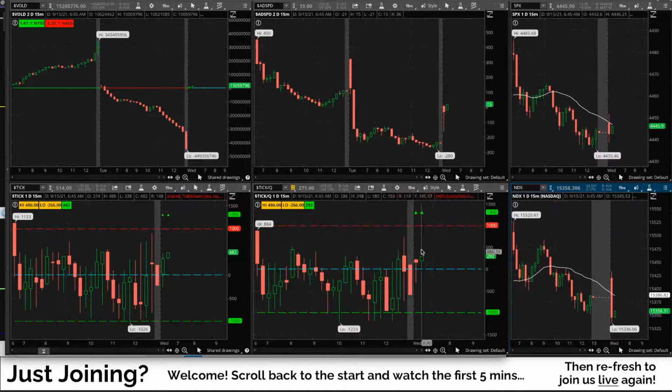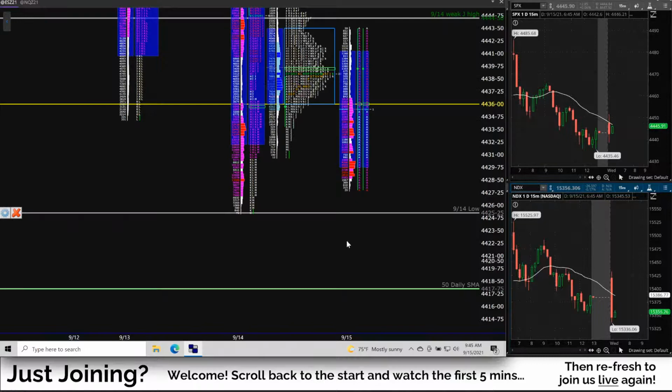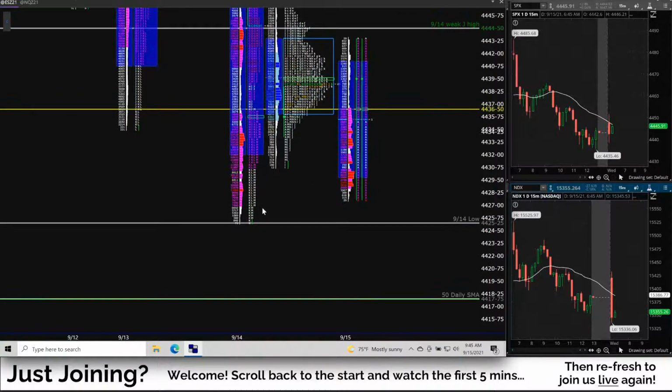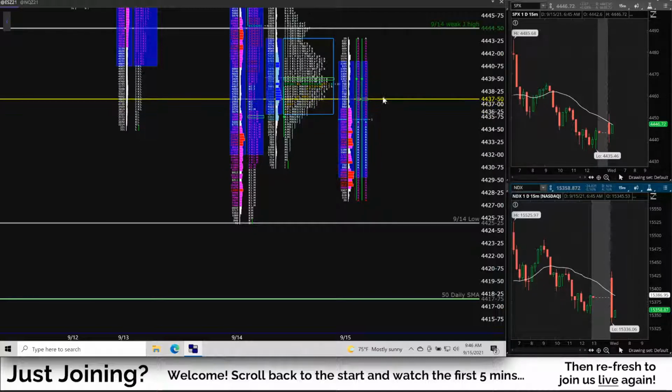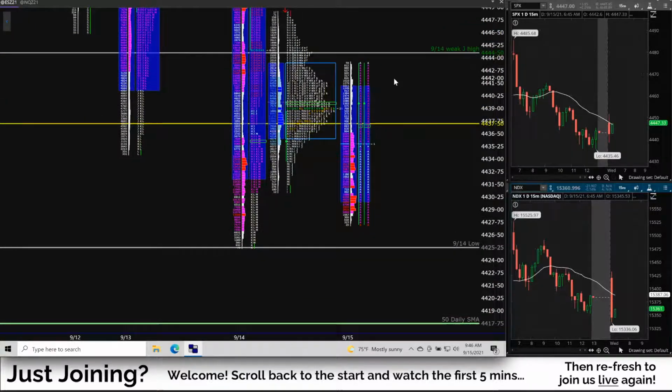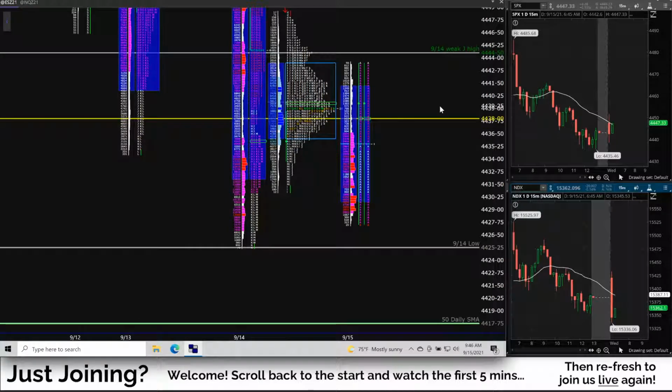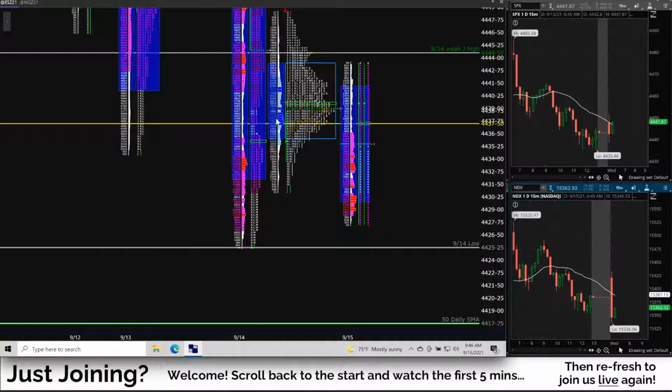Okay, internals are starting to give us a little bit of a bullish signal here. Found support right in that last little node we had from yesterday. Still just chop. We are right now pushing into a bit of resistance from the overnight.